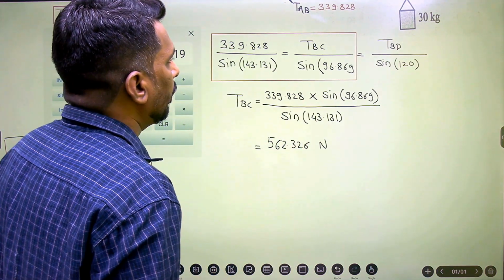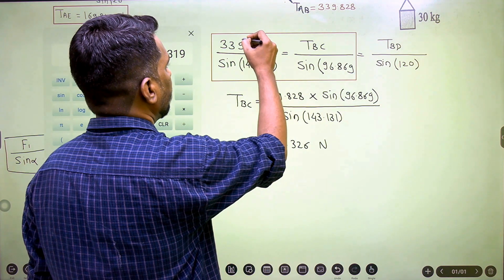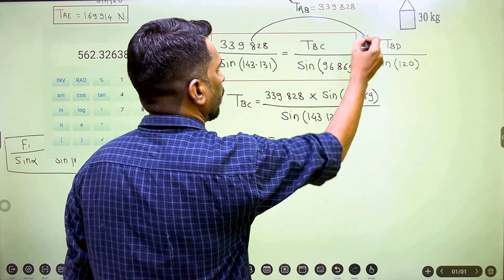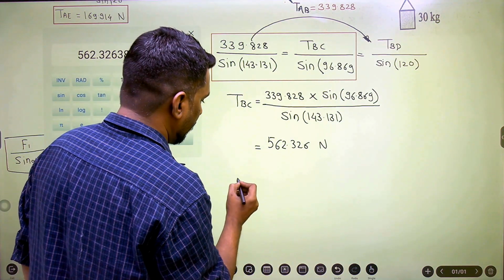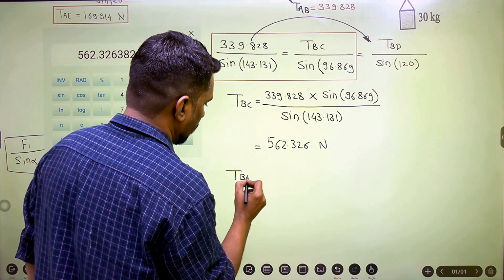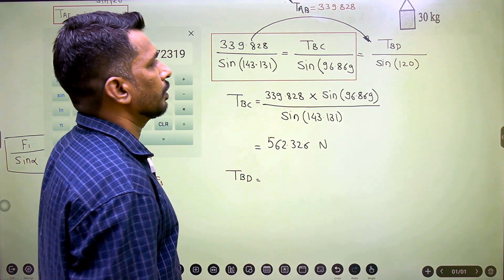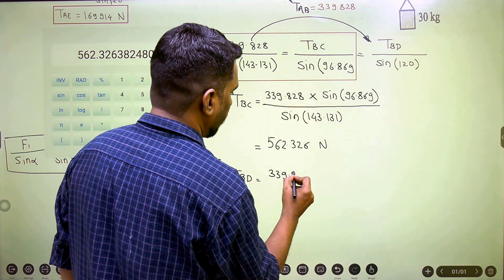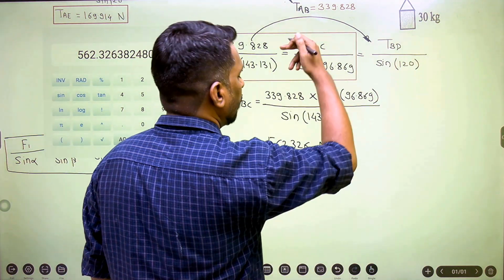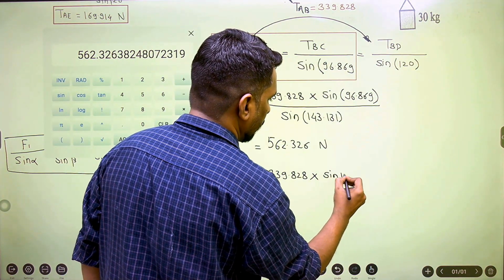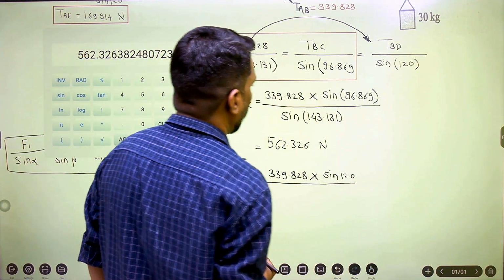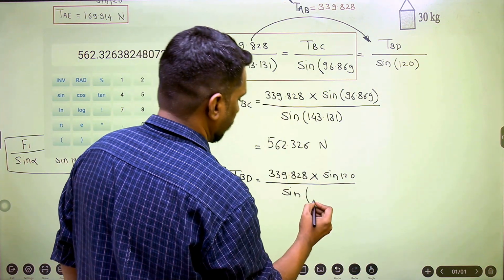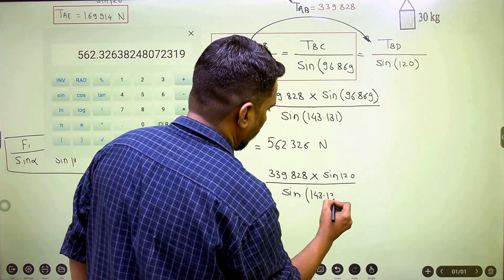Okay, so now here I'll equate this equation, this ratio I can say, with this one. So my equation will be TBD is equal to 339.828 into cross multiplication sine 120 divided by sine 143.131.